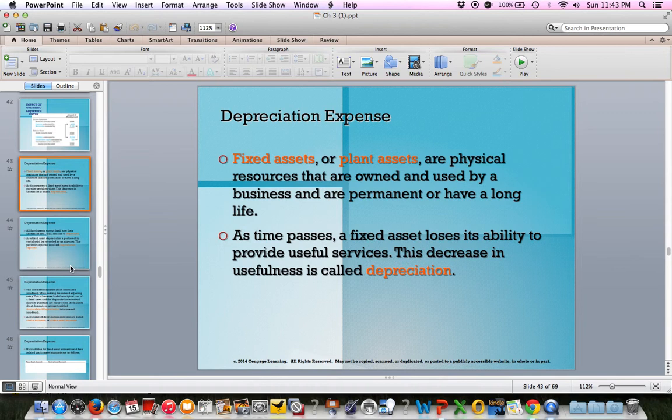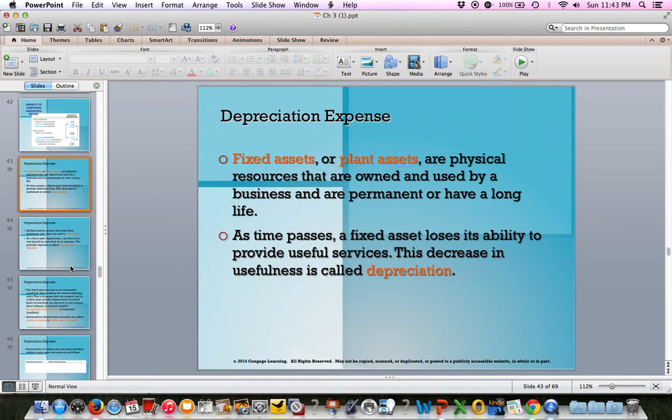Depreciation is one we have not yet talked about. Depreciation relates to long-term fixed assets. Another word for that is plant assets. So basically physical resources, things that we can look at, see, and touch that have a fairly permanent or long-lasting life. So something as simple as a building, a vehicle, machinery, equipment, things that a business acquires that will last a long time.